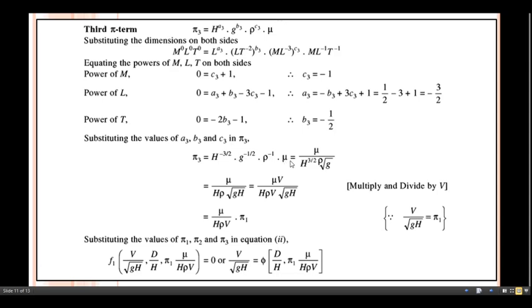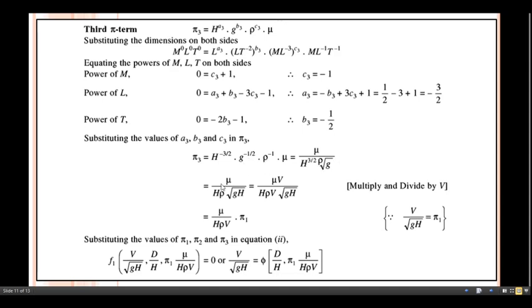Now here rho raised to minus 1 into mu. Whatever terms have a minus power, we simply write in the denominator. So h raised to minus 3 by 2 we write in the denominator as h raised to plus 3 by 2. Rho raised to minus 1 we simply write as rho in the denominator. And g raised to minus 1 by 2 we simply put under the square root sign.